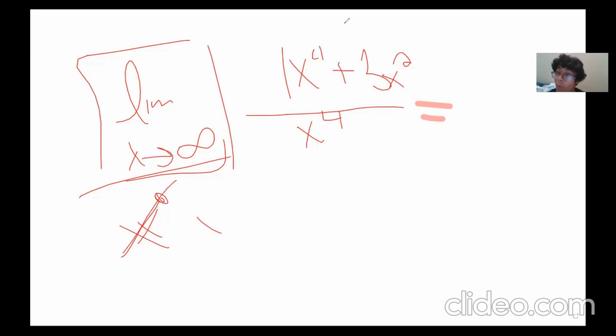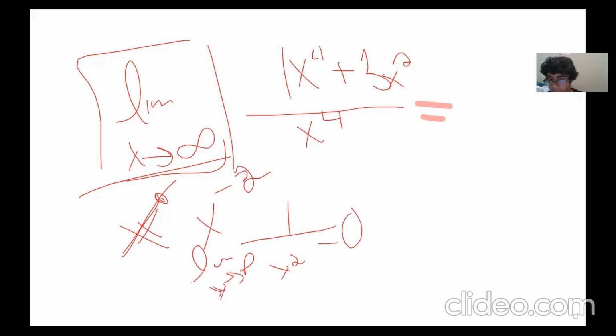Or we can get x in a negative exponent, because we can't hope that this one's going to cancel perfectly, because you can see why. And so x to the negative 2, well, this one will just be 1 over x squared. And then when the limit of x going to infinity of this, well, this one's just going to go to 0, right? So that's the idea behind this.